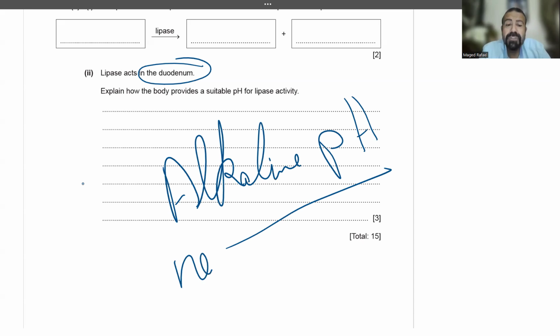This will neutralize the gastric juice, or the food coming from the stomach.